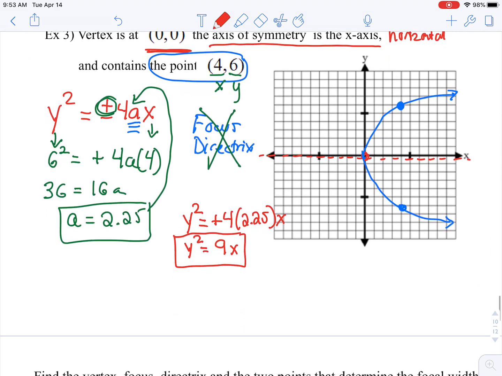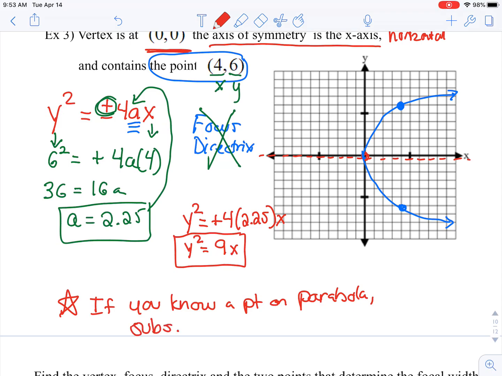And there's my equation. One of the key points I want you to take away from this is, if you know a point on the parabola, you can substitute that point in for x and y, and you can use that to solve for the A value.